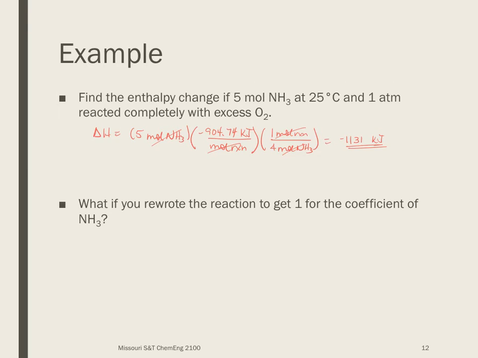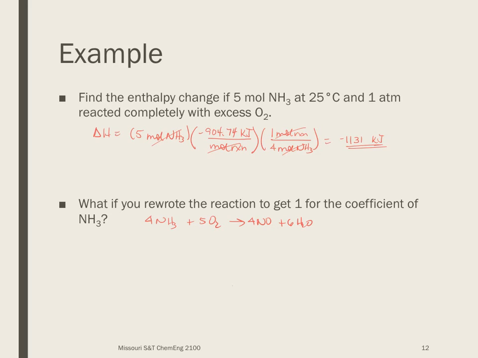So what happens if you wanted to rewrite the reaction to get a coefficient of 1 for NH3? Well, I started with 4 NH3 plus 5 oxygen goes to 4 NO plus 6 H2O.